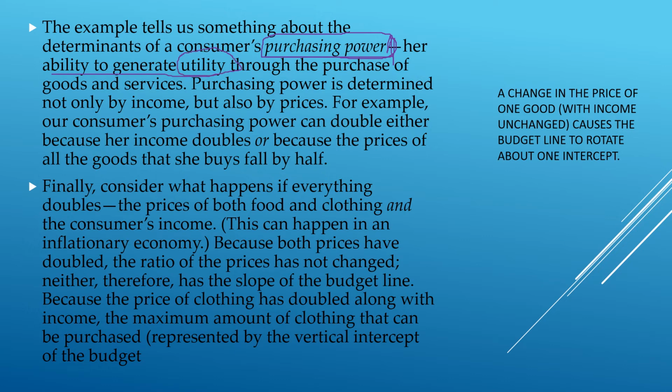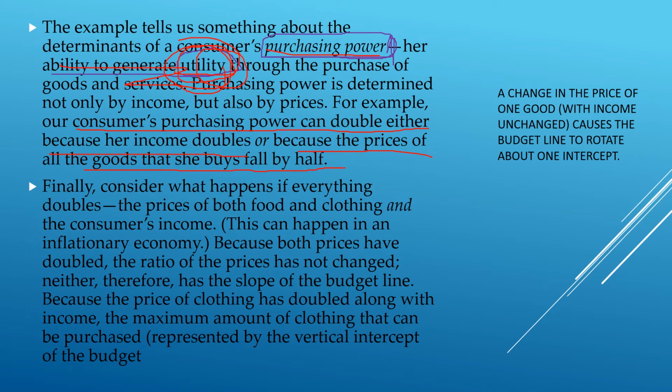What did we mean when we say utility? We had a clear explanation last time that utility here means satisfaction. So your purchasing power is your ability to generate satisfaction in purchasing the goods that you want. A consumer's purchasing power can double either because her income doubles or because the prices of the goods she buys fall by half.